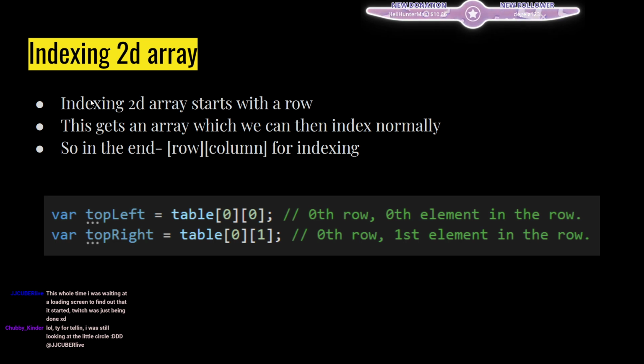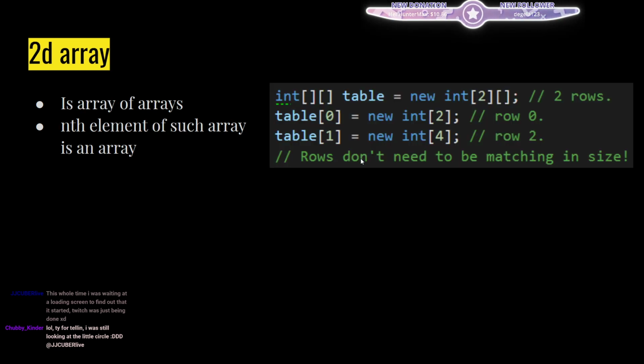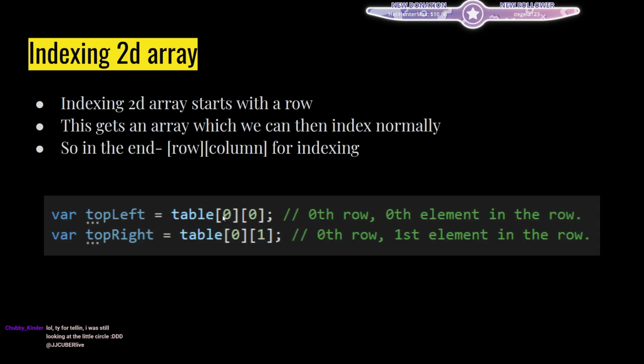And when you index such an array, it's also quite simple. If I say table 0, I return a row. If I say 0 again, indexing like this, I return the element at that row.